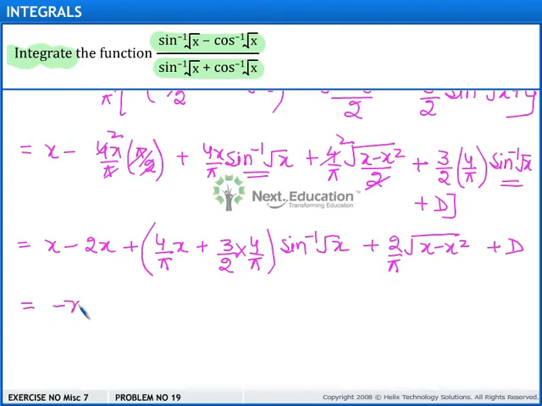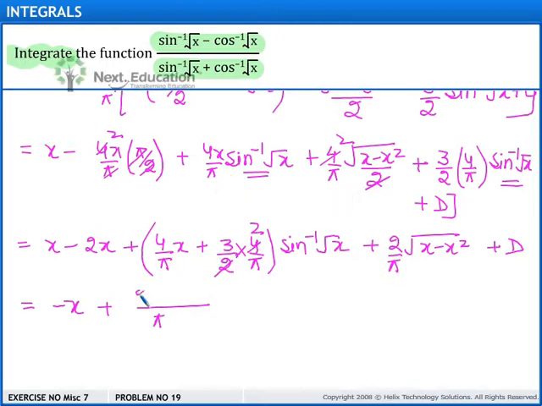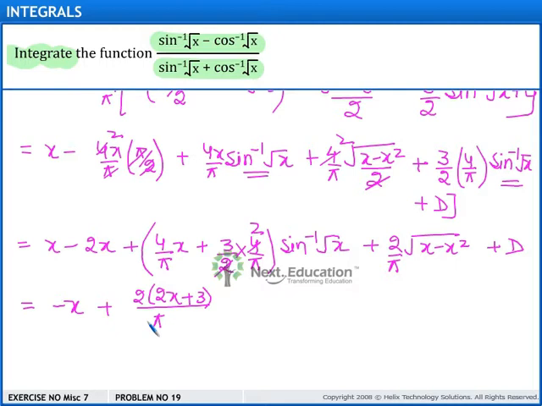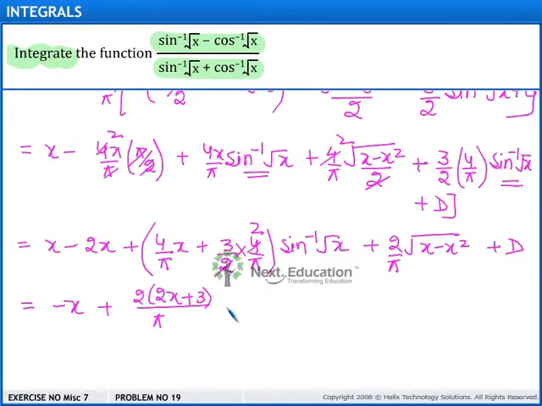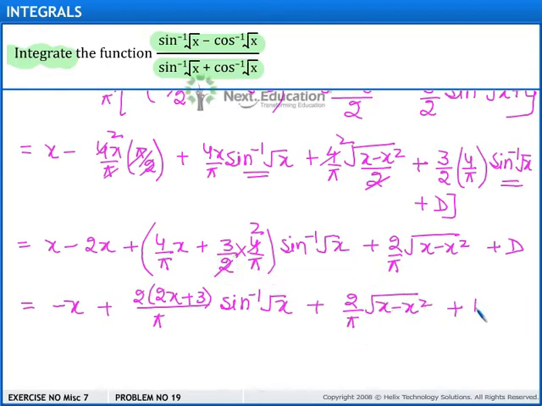This is further equal to minus x plus, taking pi common we have 4x plus 6. So taking 2 common we have 2x plus 3 into sin inverse root x plus 2 upon pi into square root of x minus x square plus the constant.